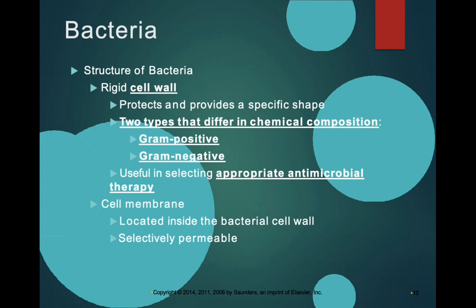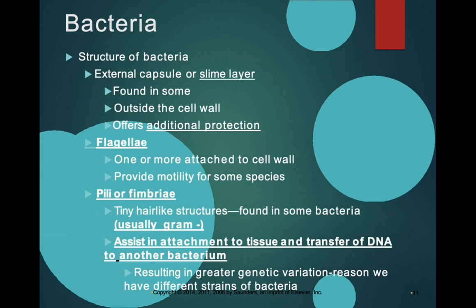The cell membrane is located inside the bacterial cell wall, and it's typically selectively permeable. The external capsule has a slime layer, which offers some additional protection. Sometimes they will have flagellae, which, if you think of anatomy and physiology, you learned of a flagellum attached to the body of the sperm to help it become motile, so it provides motility for some species.